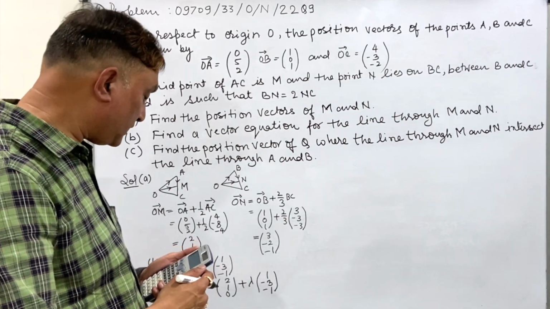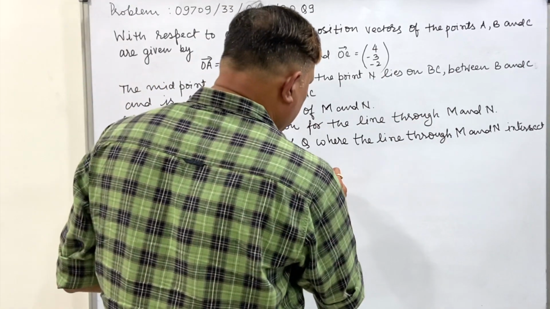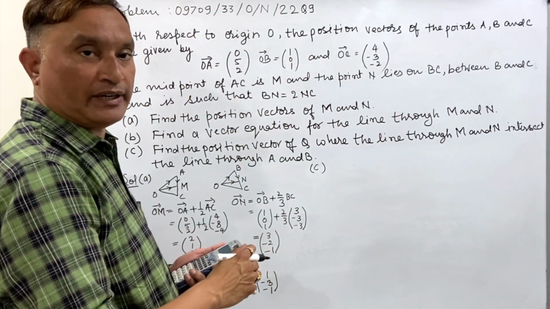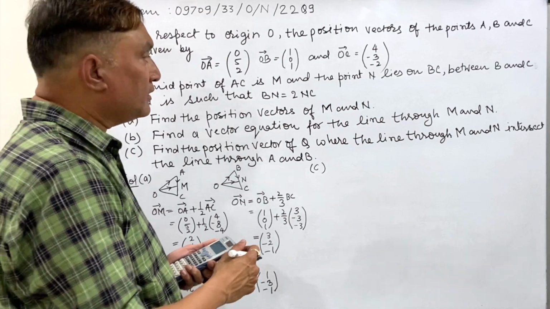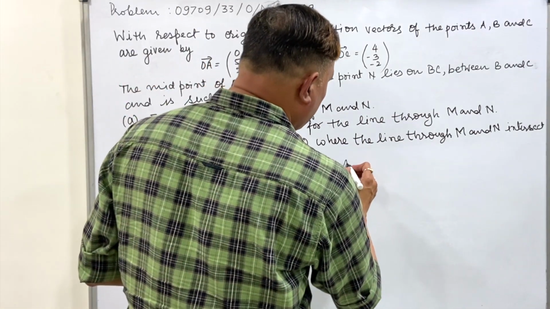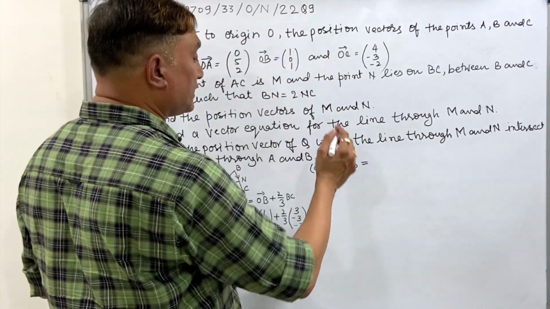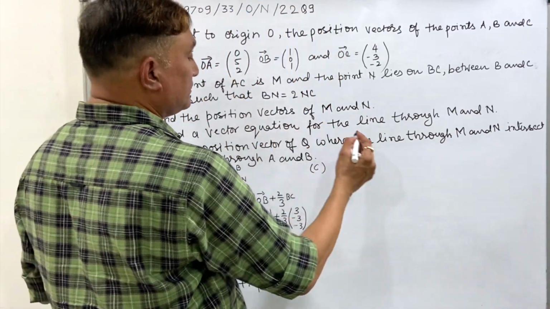Now we will proceed to C part. In C part, we need to find the AB equation. So first we will find AB vector. AB vector would be OB minus OA.